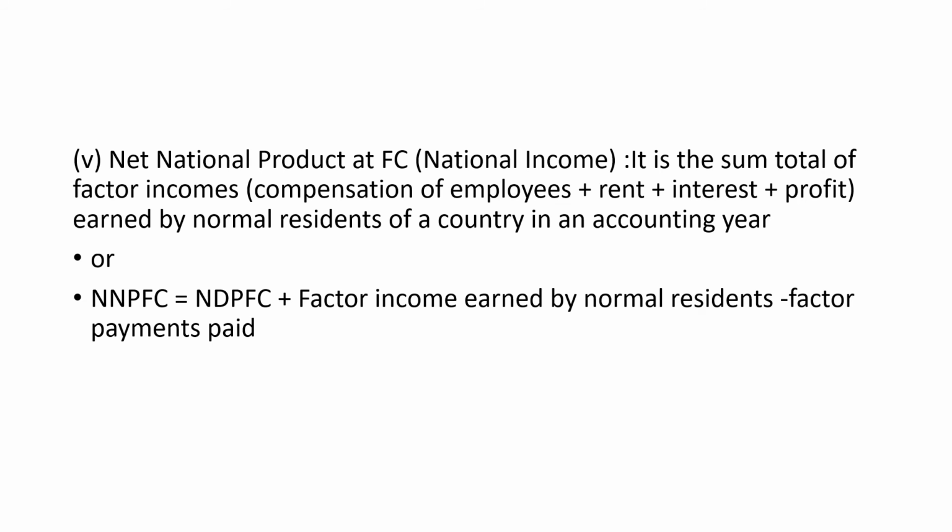Next, net national product at factor cost, which is simply your national income. This is the sum total of all your factor incomes which is earned by the normal residents of a country during an accounting year. This is equal to NDP at FC plus factor income earned by normal residents minus factor incomes paid, or the factor payments you have made.